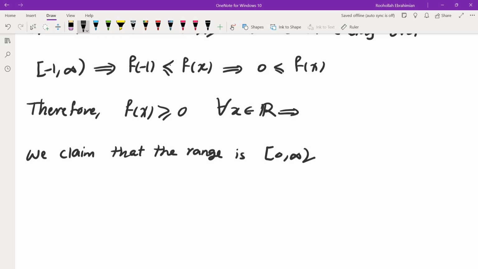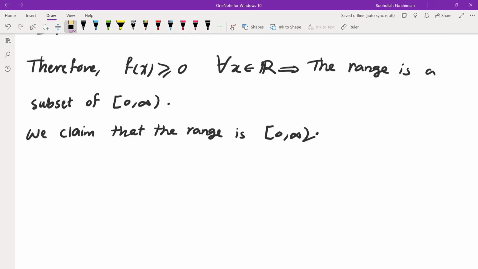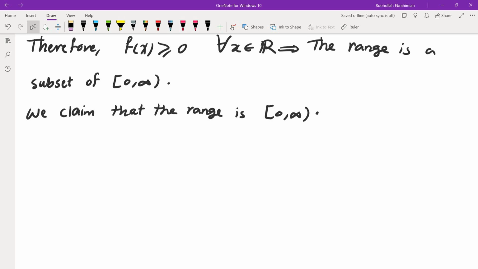So this means the range is a subset of the interval from 0 to infinity. We claim that it is in fact the same as the interval from 0 to infinity. Okay, so how do we do that? So let C be an element inside the closed interval 0 to infinity.